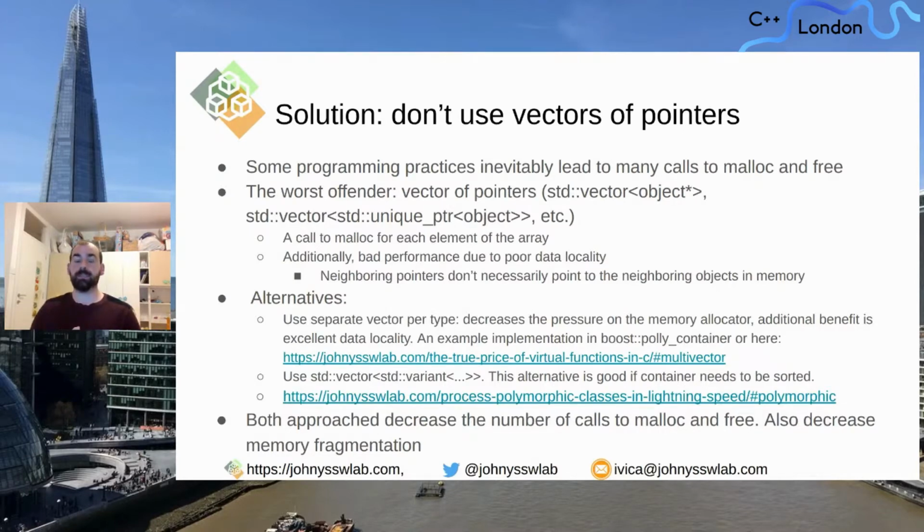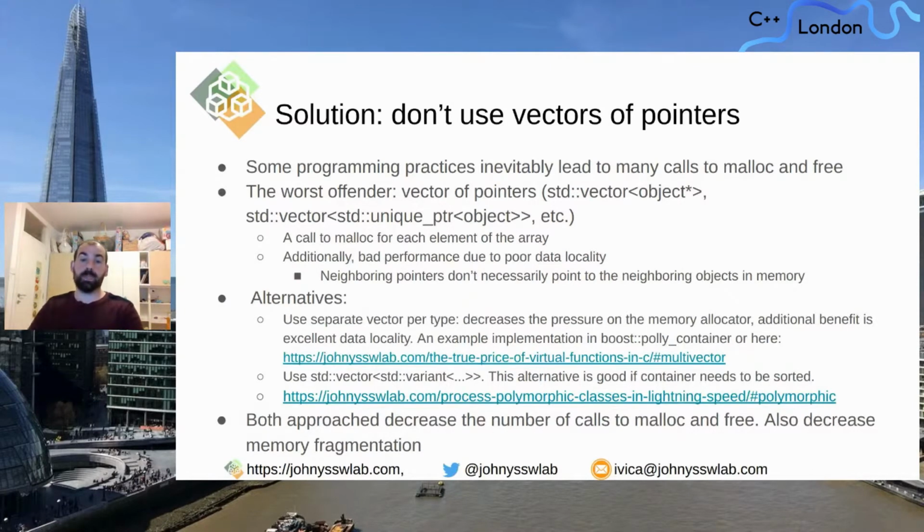Boost has one container called polycontainer. The bad thing about this approach is that the elements in the container cannot be sorted. How should I say? You cannot put the elements of the structure in any order you like. There is a limit in the ordering. All objects of one type have to go first, then the objects of the second type, and then the objects of the third type.